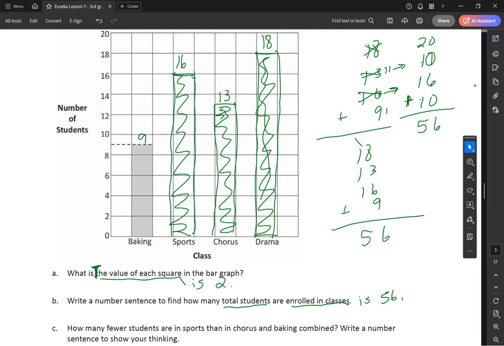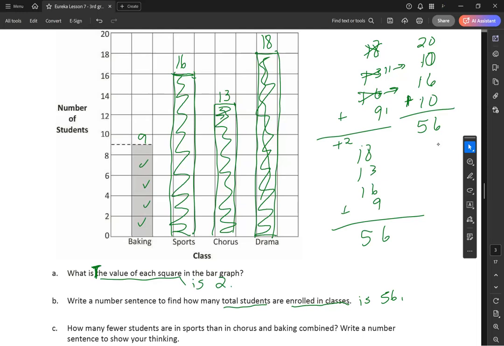So that would have been, oops, plus 2, 6. Okay. And actually, there is another way. The other way you could do it is, you counted by 2's. So that would be 2, 4, 6, 8.